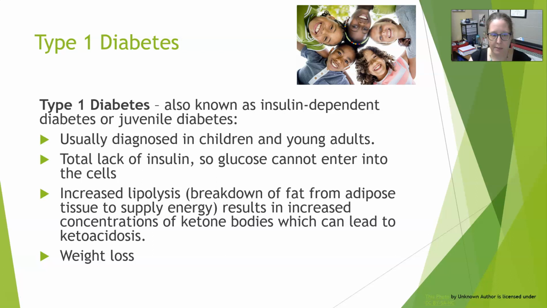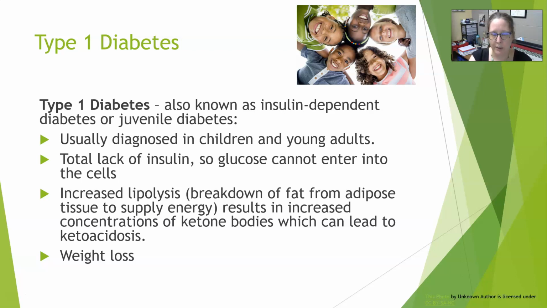You will see increased lipolysis, which is the breakdown of fat from adipose tissue to supply energy. That is going to result in increased concentration of ketone bodies, which can lead to ketoacidosis. This lipolysis will happen in the absence of insulin.